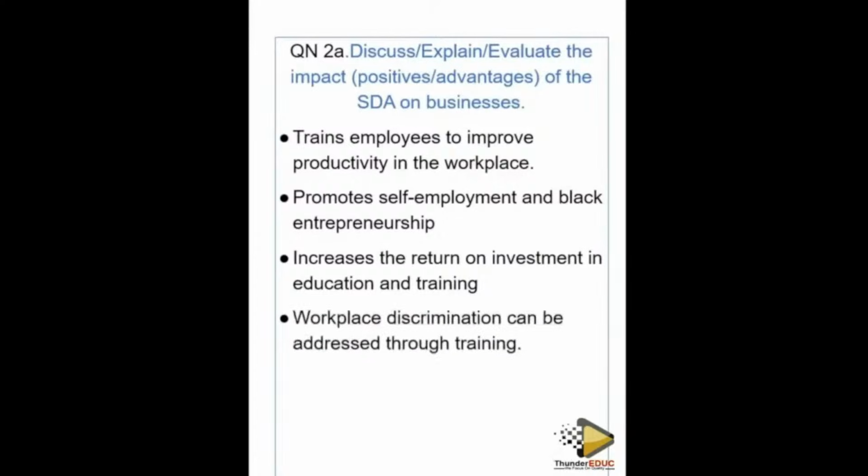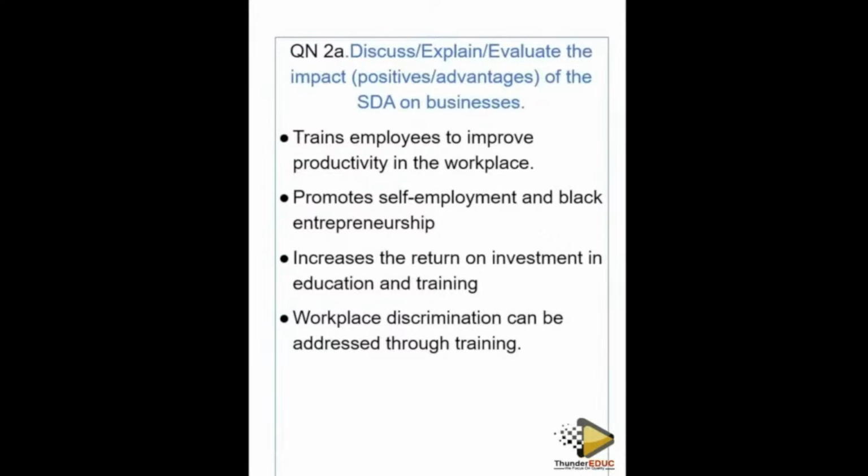Okay, so now moving on, workplace discrimination can be addressed through training. Discrimination is when you are judging other people in terms of the color of their skin, their appearance, how they dress, the language, the age, and many more. So now, at the workplace, also in terms of the possession of skills.